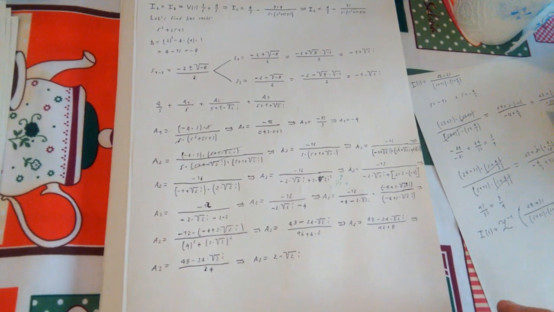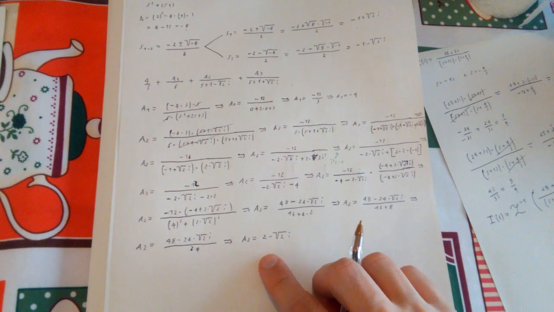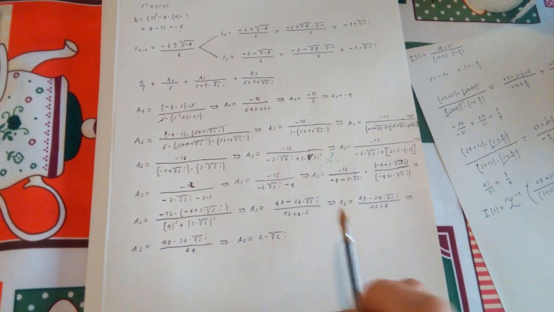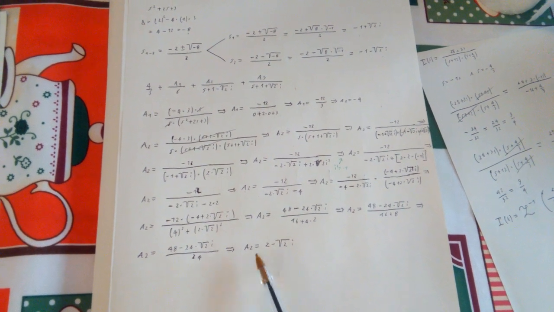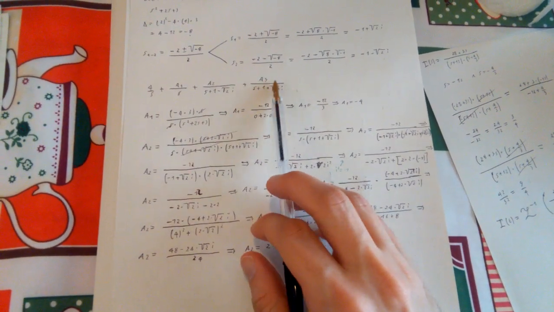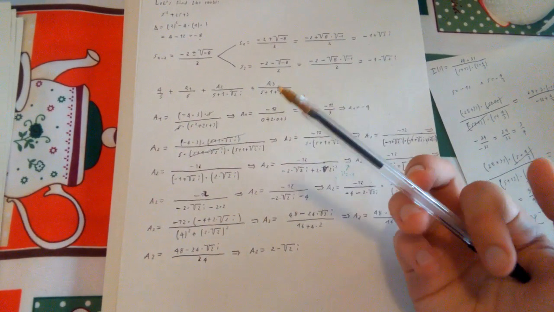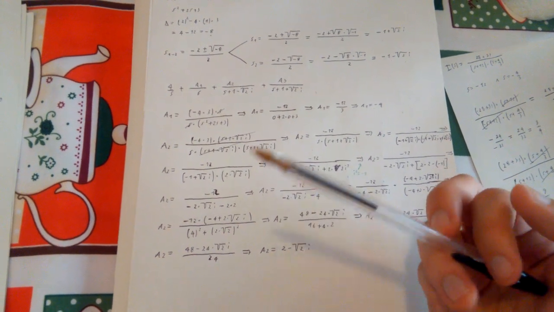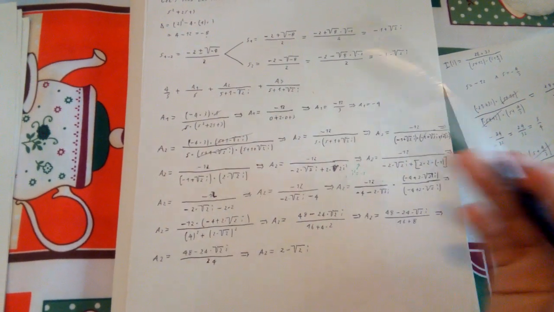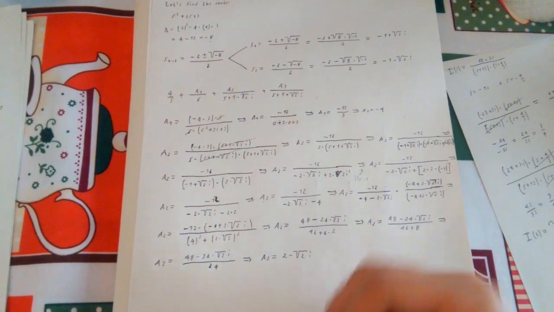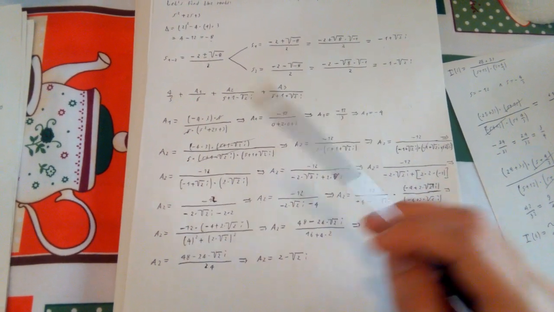Okay, so we have found a2, and I know what you're thinking. We have found a1, and then it took a hell of a lot of time to find a2. Do you have to do all this again for a3? Well, you kinda can if you want to, but I suggest you not to do it unless you want to check. If you want to double check it, feel free, do it. Test yourself with imaginary number, that's fine.